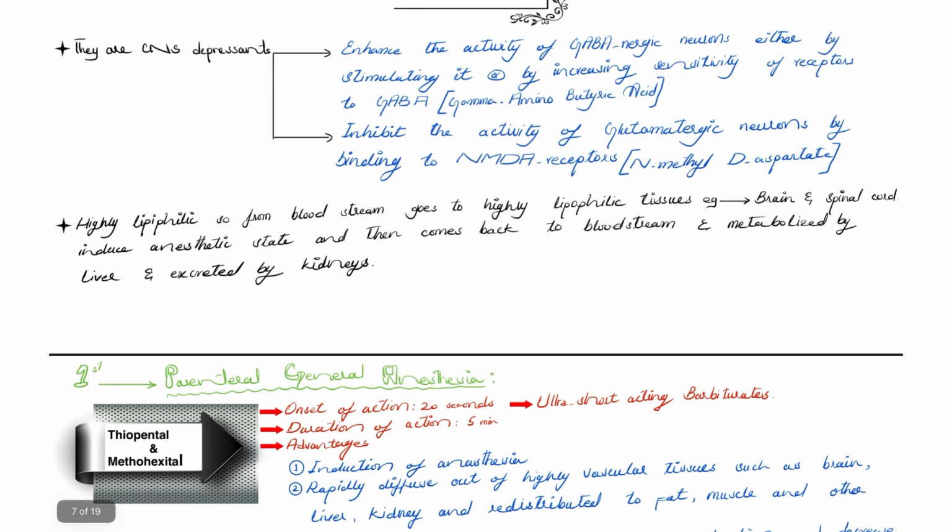And the drugs in general anesthesia are highly lipophilic, so from the bloodstream they go to highly lipophilic tissues like the brain and spinal cord, induce the anesthetic state, and then come back to the bloodstream, and they are metabolized by the liver and excreted out of the body by the kidneys. That's why the functioning of these two vital organs must be optimum.